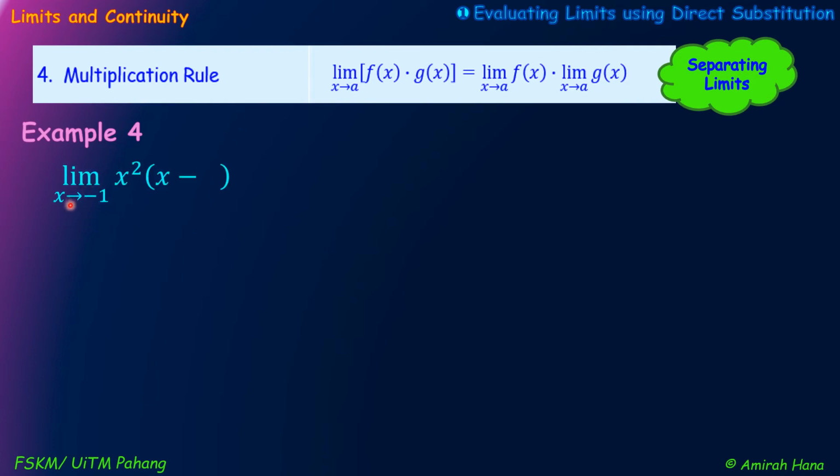From the limit as x approaches negative 1 of x squared times x minus 1. If we use direct substitution, we plug negative 1 into whatever x here. So we get negative 1 squared times negative 1 minus 1.